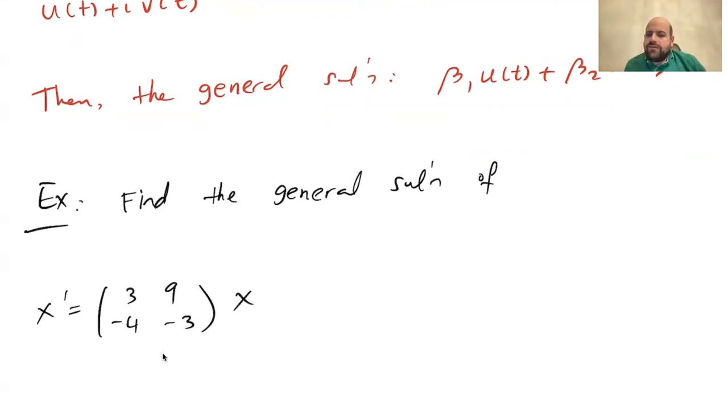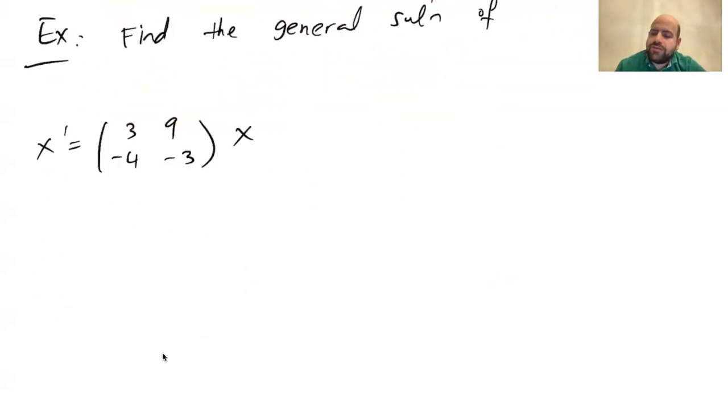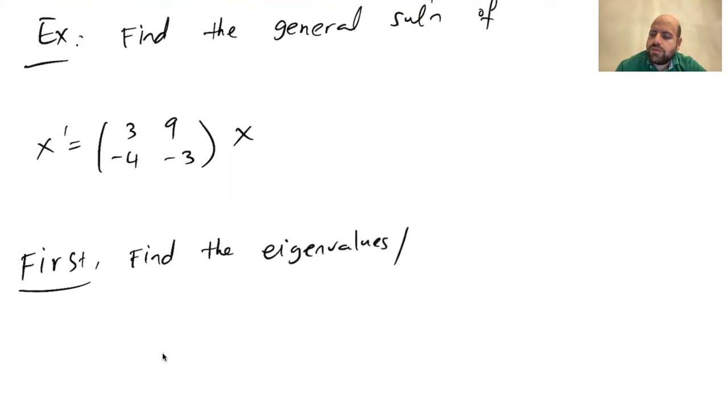So here we have a system of ODEs, and this is our matrix. So again, like always, the first step is to find the eigenvalues and eigenvectors of this matrix. First, find the eigenvalues, eigenvectors.